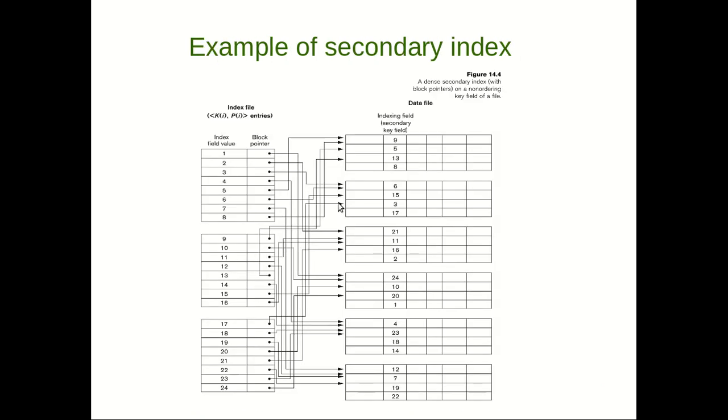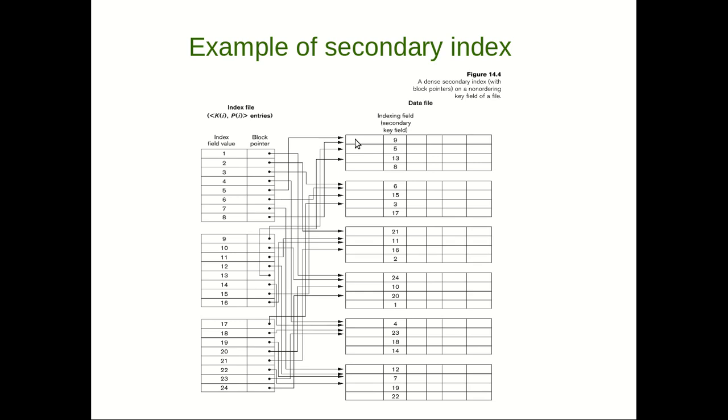We'll see an example. Here this is the data file and this is the index file. You see this data file: the first field, which is not shown here, is the one the data file is sorted on. The second field, the secondary indexing field, is one with which the file is not at all sorted. That is the issue here.